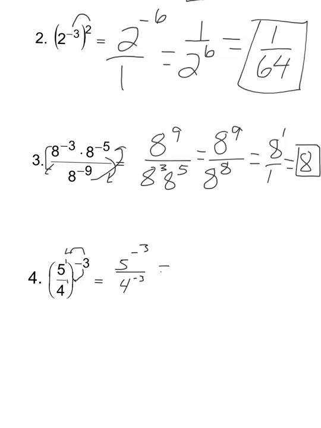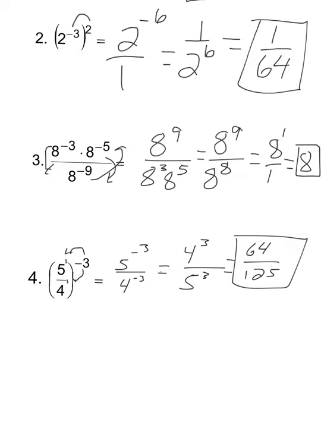So obviously, I've got to move the top one, the 5 to the negative 3, down to the bottom. So it's 5 to the positive 3 now on the bottom. 4 to the negative 3, move it up. 4 to the positive 3. Put 4 to the 3rd power in my calculator and hit enter, and it gives me 64. Put 5 to the 3rd power in my calculator, and it gives me 125. Can't reduce them as far as it goes.